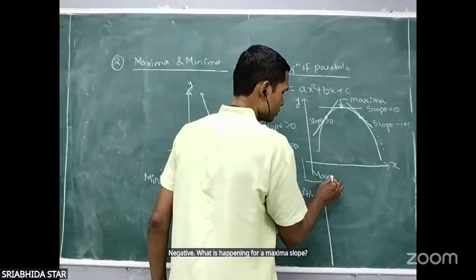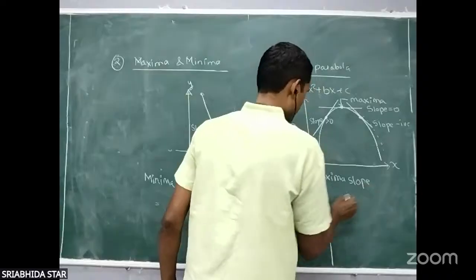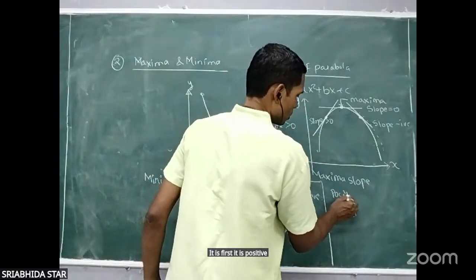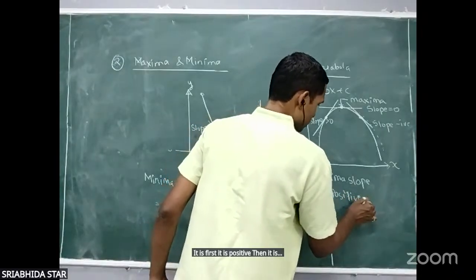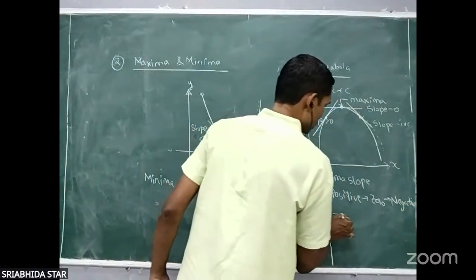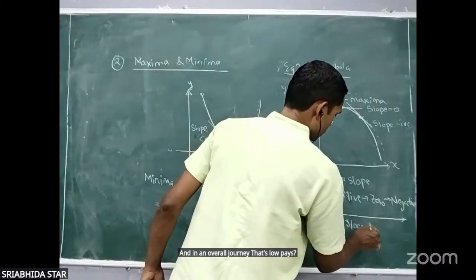The slope is first positive, then it is becoming 0, and then it is becoming negative. Hence, in an overall journey, the slope is decreasing.